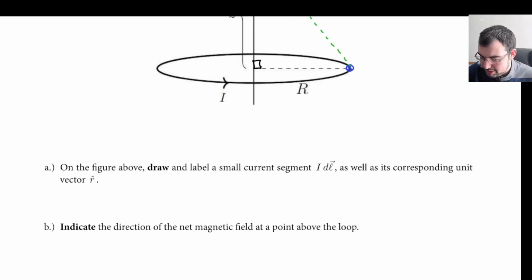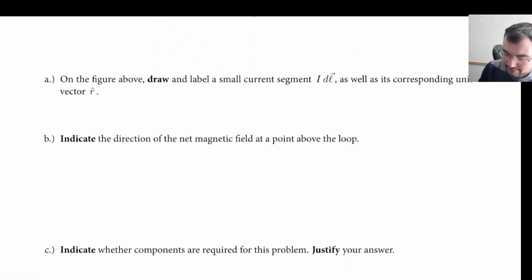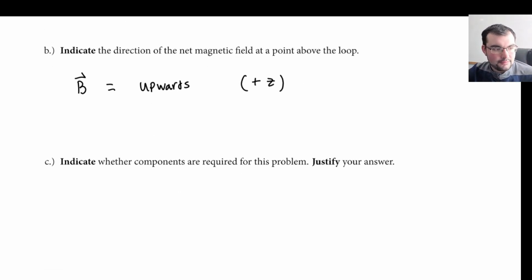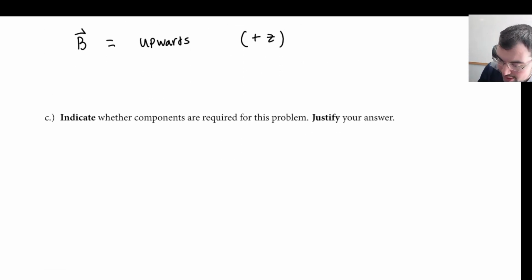So on the figure above, draw the segment. We already did that. Indicate the direction of the net magnetic field. So B is upwards, which is in the positive Z direction. Are components required for this problem?